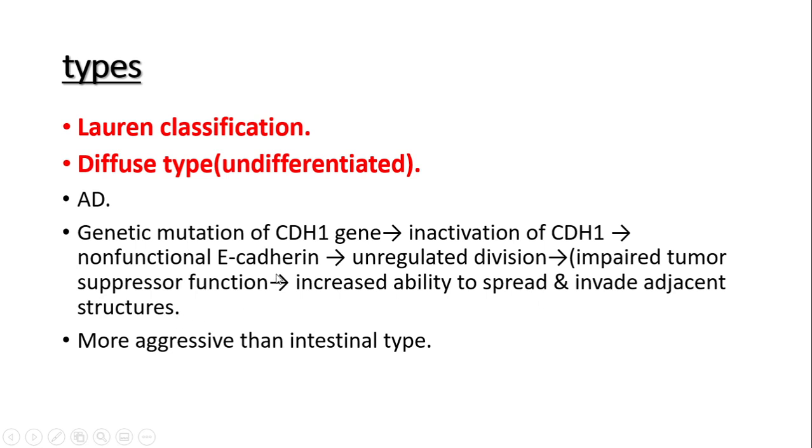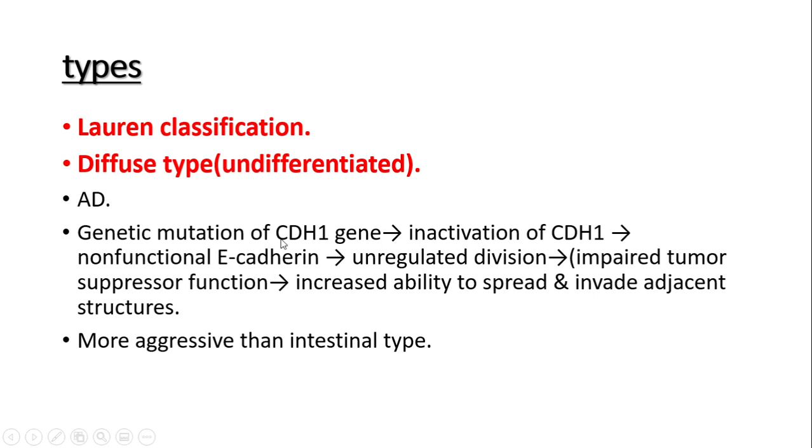The cells will lose their cohesive ability. They spread easily. They have the ability to spread and invade adjacent structures individually and singly. So it is called diffuse type because the malignant cells are invading the adjacent structures singly without glandular formation, without aggregation, due to loss of these adhesive molecules, E-cadherin.